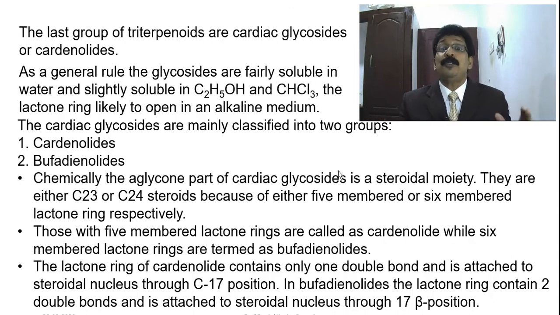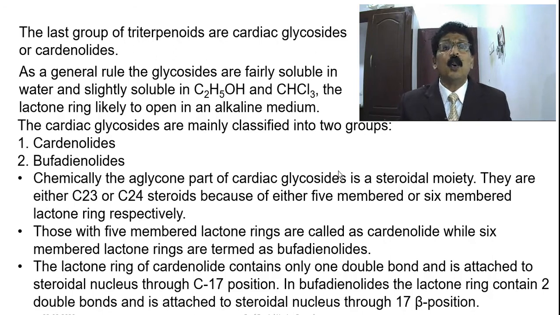But usually we say cardiac glycosides because they are used for congestive cardiac failure, and in a very critical situation it is the only drug of choice which can be obtained from nature, which can help the cardiac muscle strength.